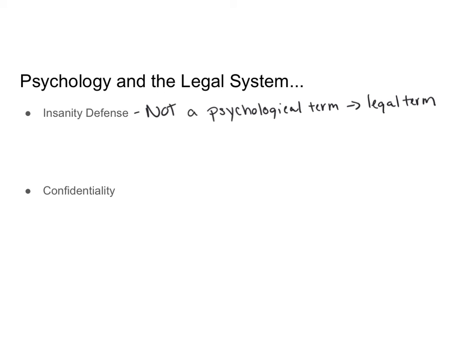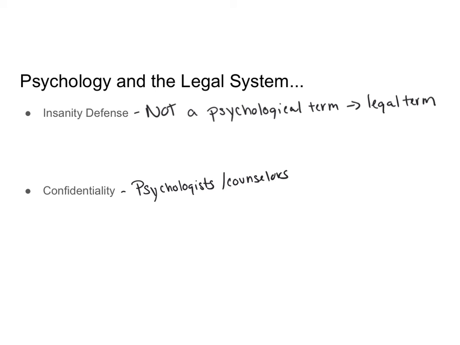But another benefit that has come out of identifying what is abnormal is this idea of confidentiality and this idea that psychologists and counselors and anybody who fits into this field.